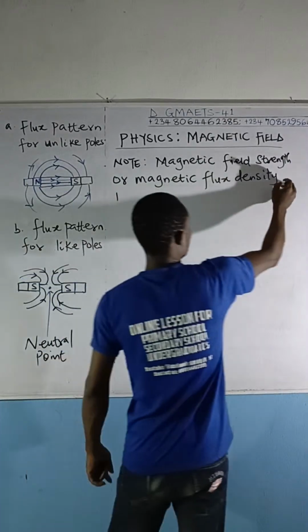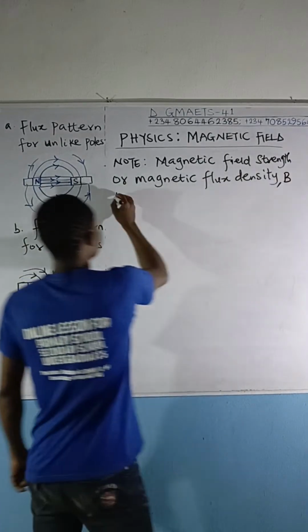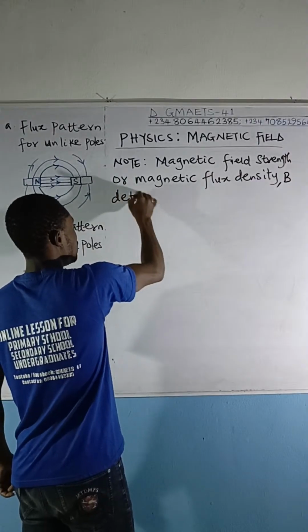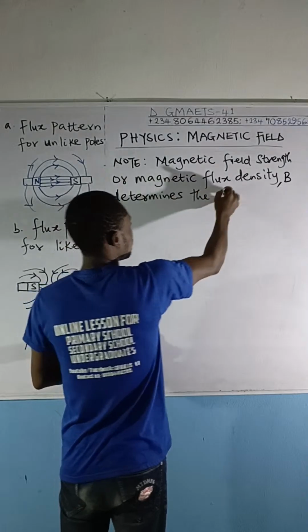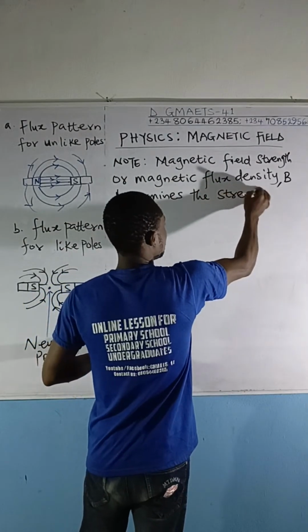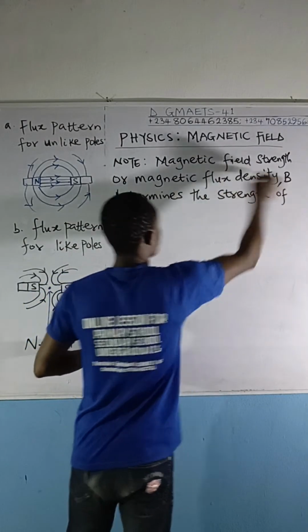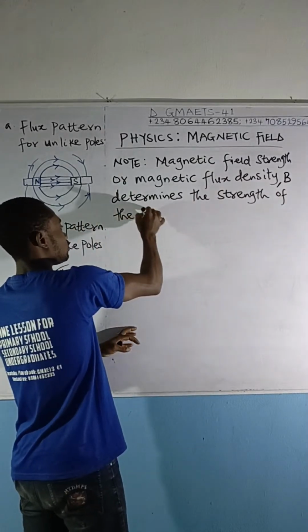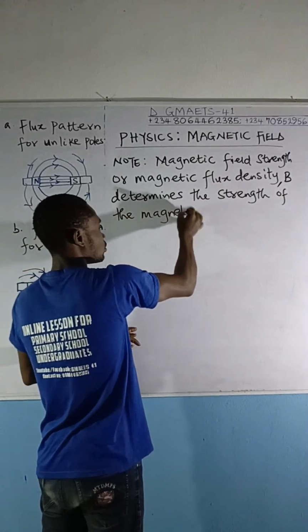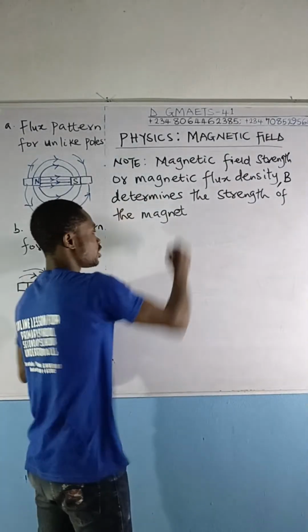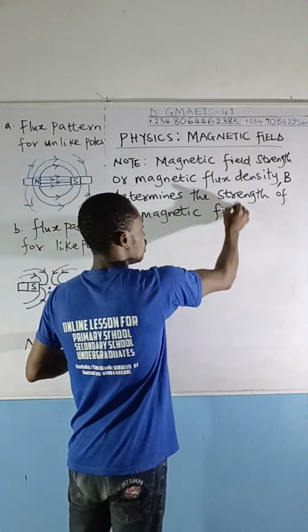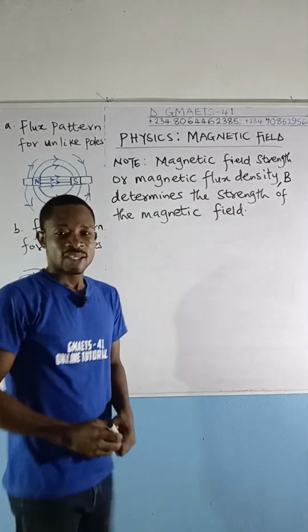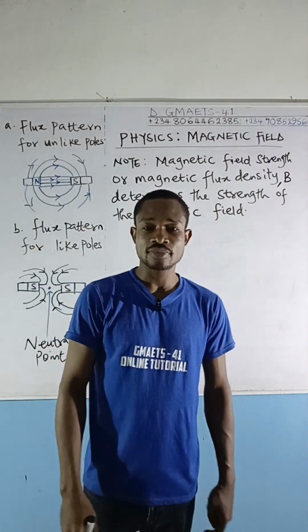The symbol is B. It determines the strength of the magnetic field. So you take note of that. Okay? Take note of that.